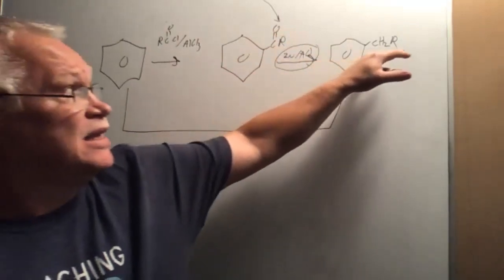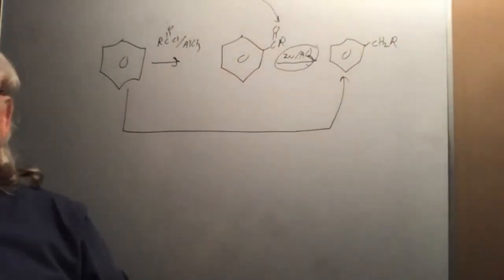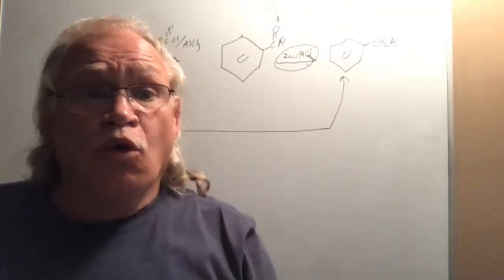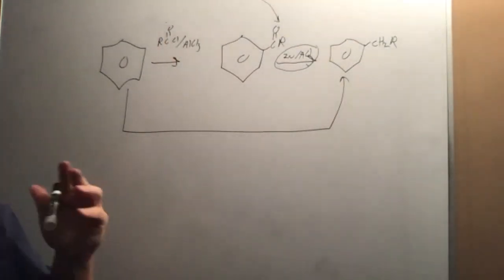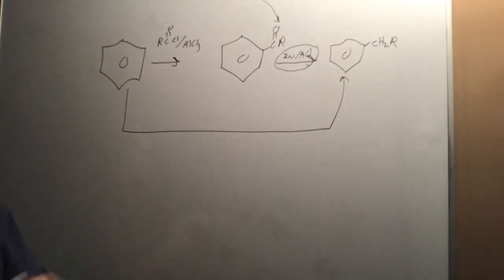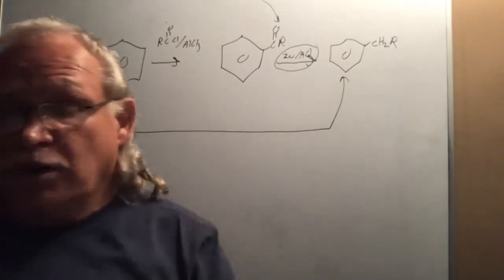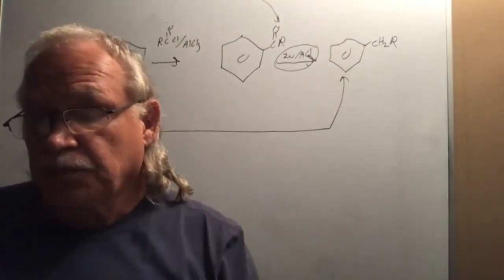And then in the second step, we're not really adding anything to the aromatic ring. We're just turning the C double bond O group into a CH2 group. That's all we're saying. Okay, so don't make this any more difficult than it is.